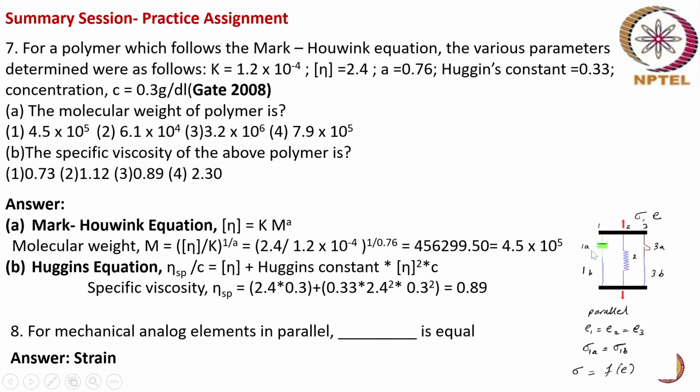The stress sigma 1a is equal to sigma 1b. When there is a series arrangement, the stress is equal, whereas in a parallel arrangement, the total strain is equal for each of the components which are arranged in parallel.